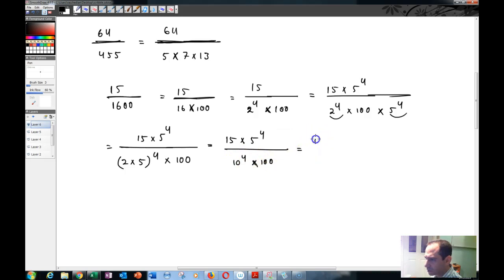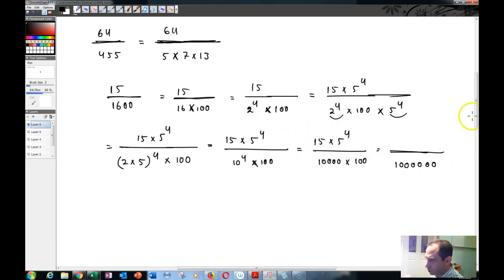That's equal to 10,000 times 100. So 15 into 5 raised to the power 4 over 10,000 and 2 zeros over here.